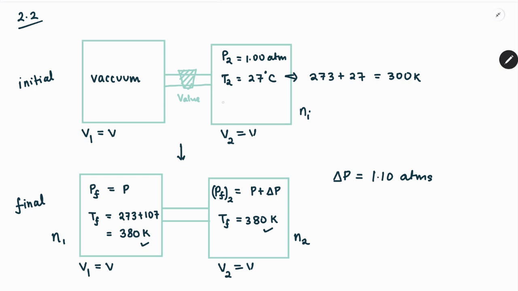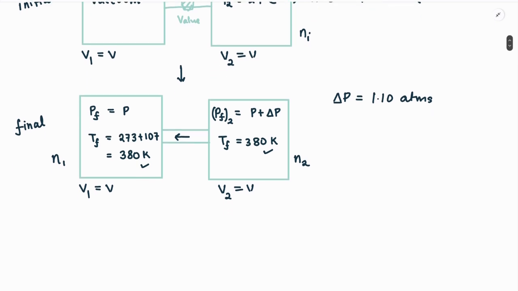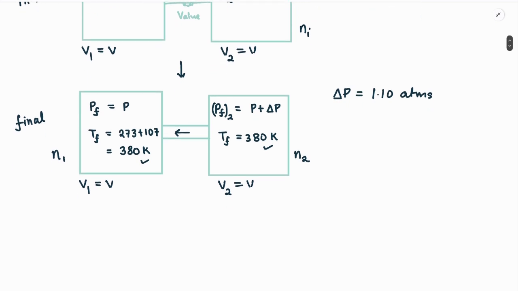Now as both the chambers are heated up, the pressure inside this chamber, which is the right chamber in the diagram, will definitely increase, and as a result, as you open the valve, the gas will start passing from the right hand side to the left hand side, filling the vessel on the left hand side, till a pressure difference of 1.10 atmosphere is attained, after which no gas will be transferred from the right chamber to the left chamber. And what is important to understand is the number of moles of the gas remains constant.